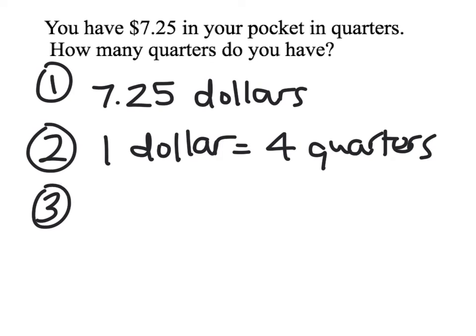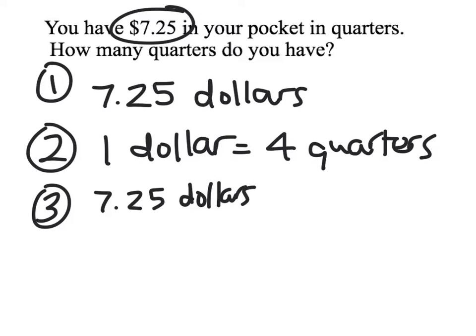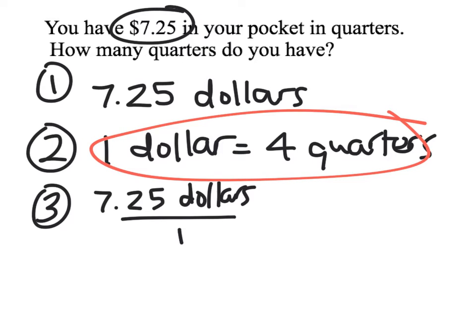Step number 3 says to write both quantities as a fraction. Well, 7.25 doesn't have a denominator, but we know that any number over 1 is equal to that number. So $7.25 over 1. And I'm going to rewrite this quantity as a fraction. So I'm going to put $1 over 4 quarters.